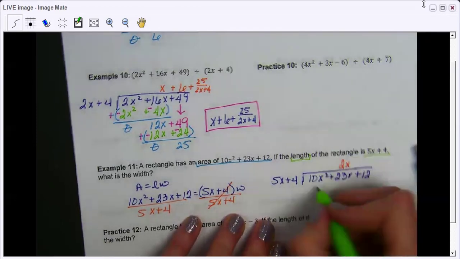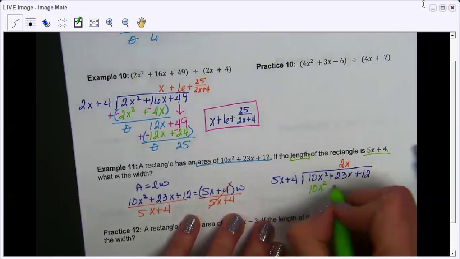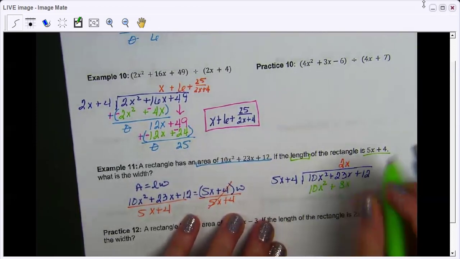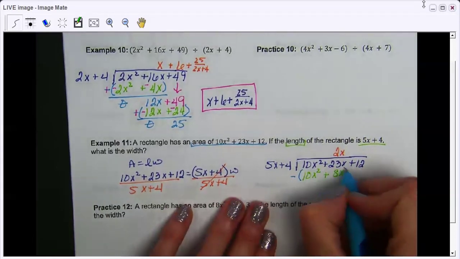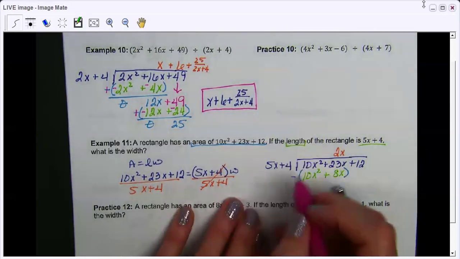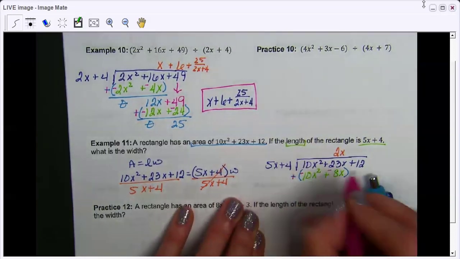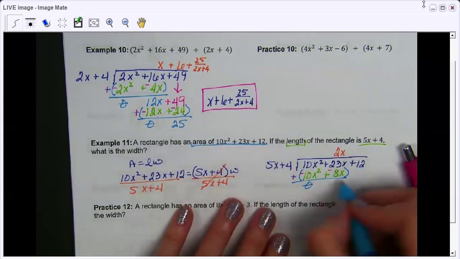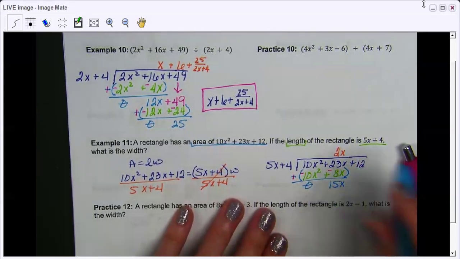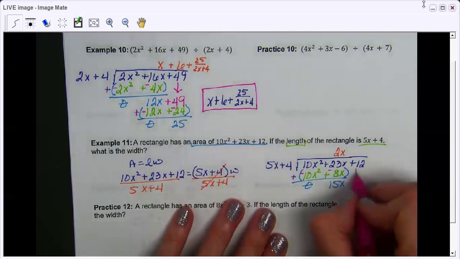Then we multiply, and we get 10x squared plus 8x. Then we subtract, and we distribute our negative. And we get 15x, then we bring down our 12.